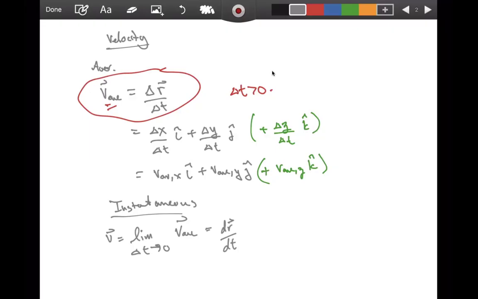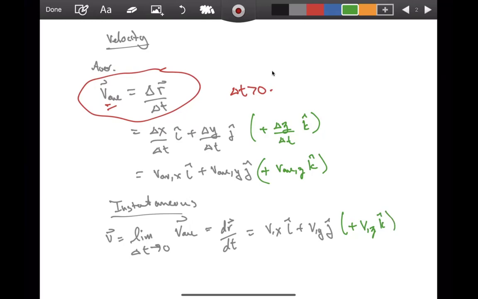In Cartesian coordinates, this is the same as my instantaneous velocity in the x direction, i hat, plus my instantaneous velocity in the y direction, j hat. And if I also have a z direction, this is plus my instantaneous velocity in the z direction, k hat. Good, so this is my instantaneous velocity.